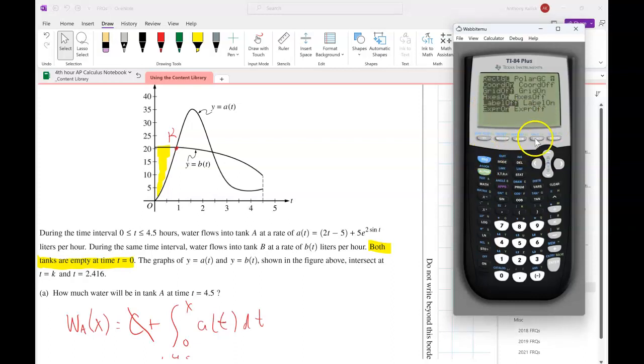Gotta be careful there. That was the wrong spot, right? Enter, enter, and then the guess, I have to move closer. So I get 0.892.